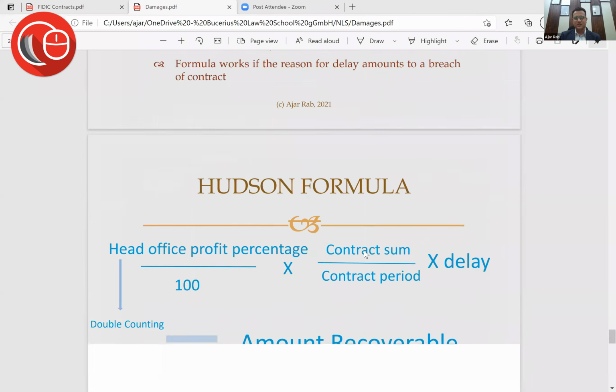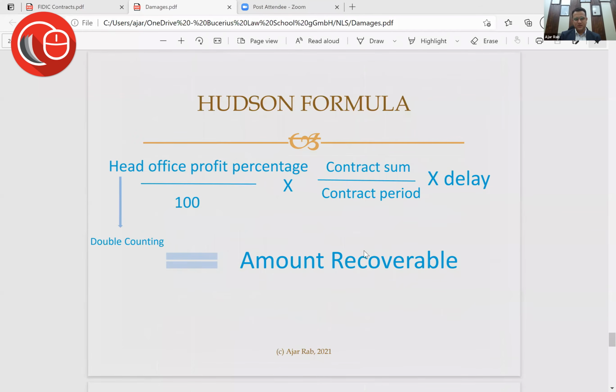So this is what the Hudson formula looks like, which is the head office profit percentage into the contract sum, period, and then delay. Again, not to enter into academically why this is right or wrong, but some people argue that when you calculate the profit percentage, you're already accounting for overheads. So this is a double counting method, and that's why it should not be used.